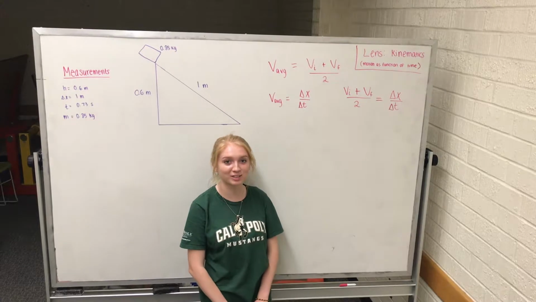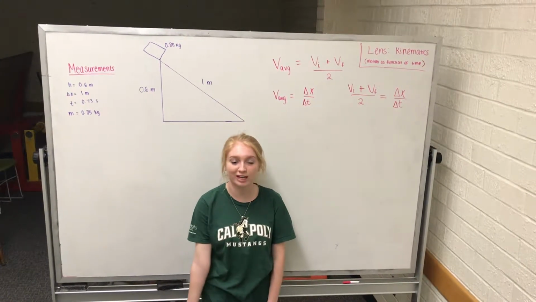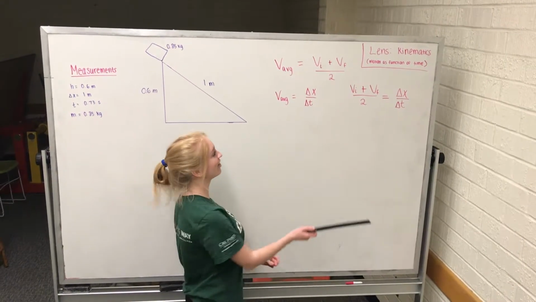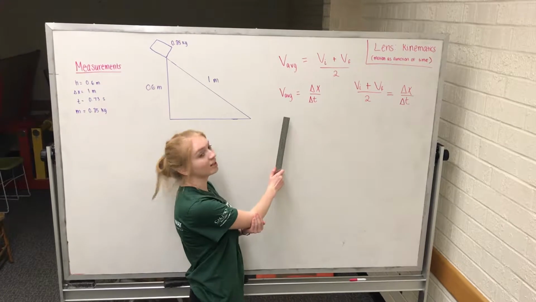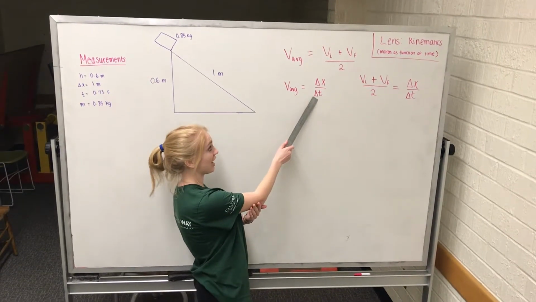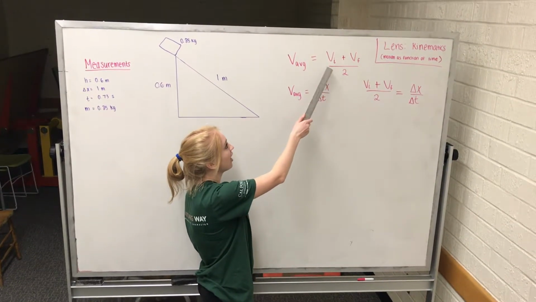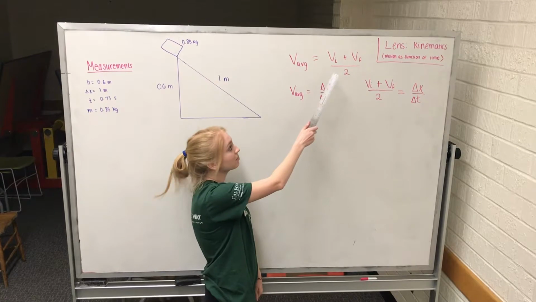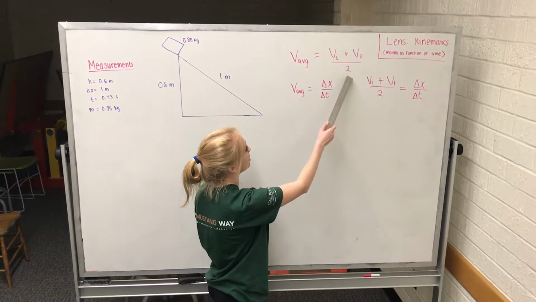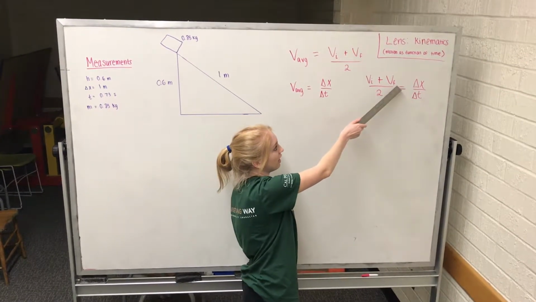We're going to be looking at this problem through the kinematics lens because there is motion as an explicit function of time. So we know that the average velocity is equal to the change in position over the change in time, and the average velocity is also equal to the initial velocity plus final velocity over 2. So we can set these two equal to each other, and then we can use this equation to solve for final velocity.